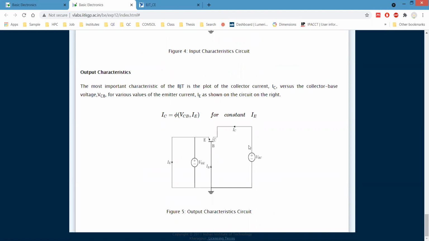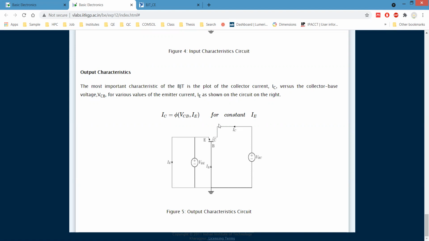This is the circuit diagram for input characteristics, and this one is for output characteristics. In case of output, we have to consider the collector current as a function of VCB and IE. If you remember, for common emitter it was for different base currents IB, and we plotted those graphs too and saw the differences in the curves for different values of IB. In this case, we have to vary the IE, the emitter current.